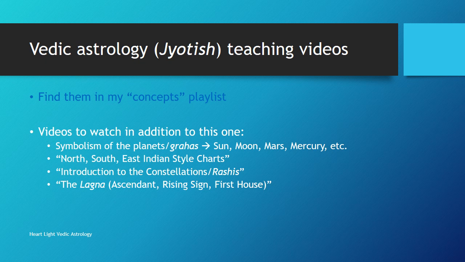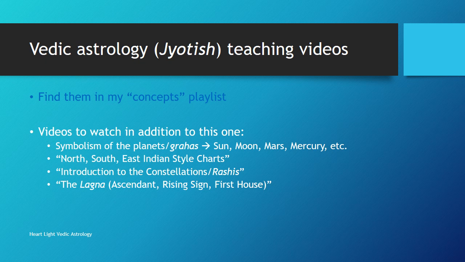In addition, if you're interested in this video, you may be interested in other videos, although you can actually start with this one without much background. Any of my Symbolism of the Planets videos: I have videos on the Moon, the Sun, Mars, and Mercury already done, and I'll be doing the other planets soon.